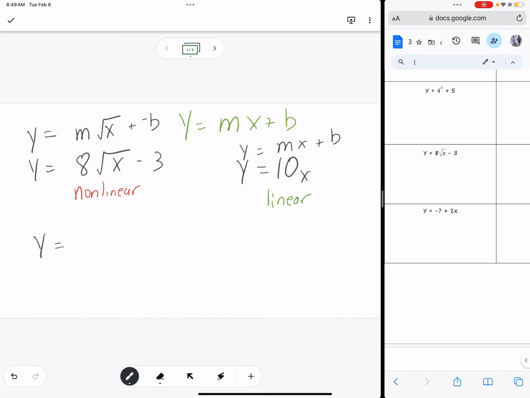Next one, we have y equals -7 plus 2x. Let's go with Josh. Is this linear? Is this nonlinear? And tell me why. Does that follow my linear equation? So is this graph going to be a straight line? Why?